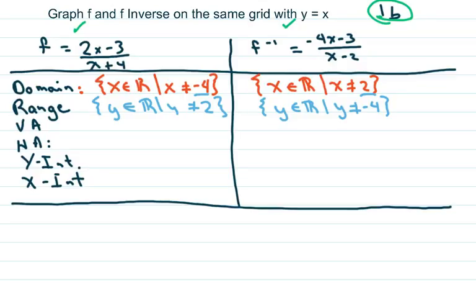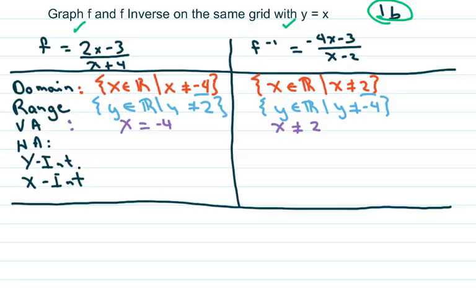For the vertical asymptote, you look at the domain, and since x cannot be -4, that generates a vertical asymptote at x equals -4. Similarly, for the inverse, x cannot be 2. It's just coming from your domain.